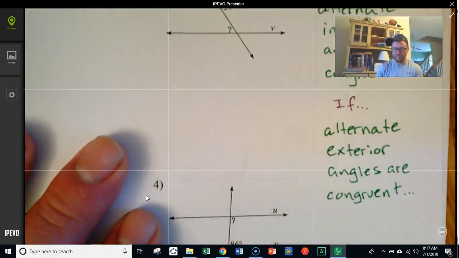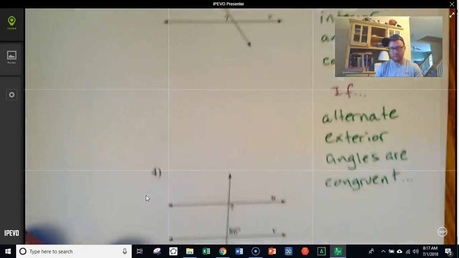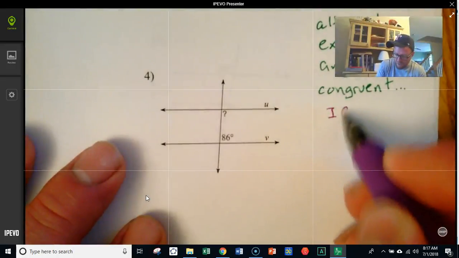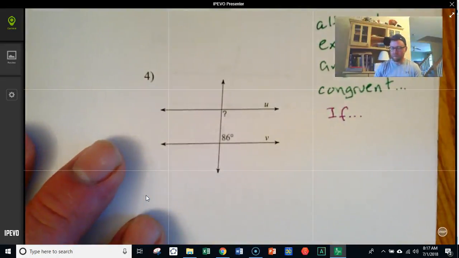Okay. So alternate interior. Let's see. Make sure I'm covering all the pairs I want to cover.